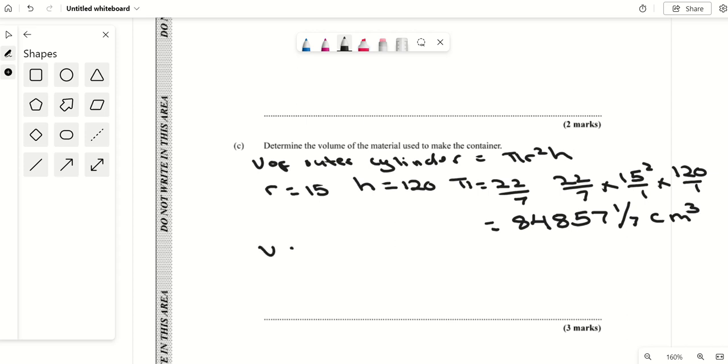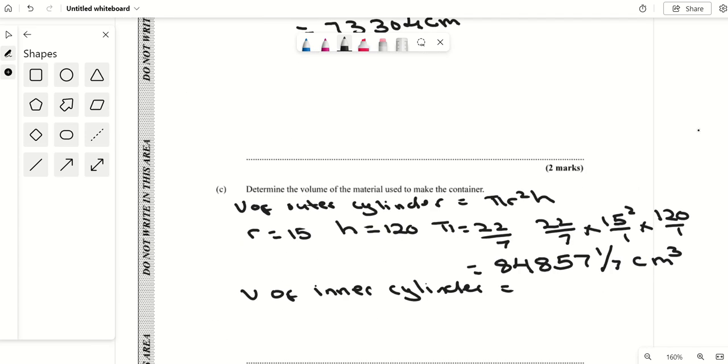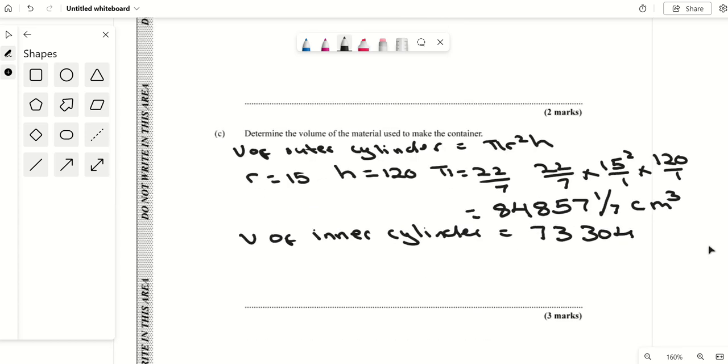We already know the volume of our inner cylinder, which is what we found above: 73,304 centimeters cubed.